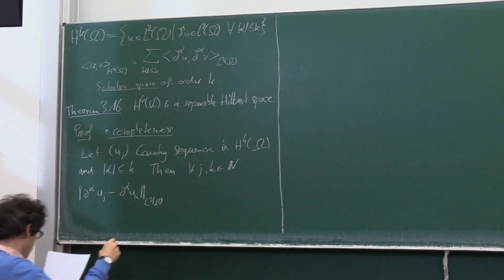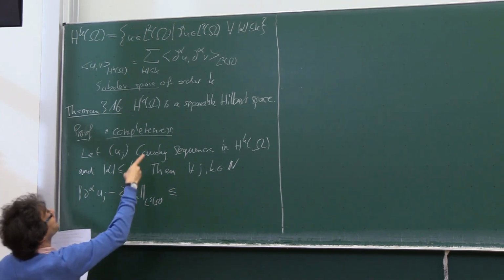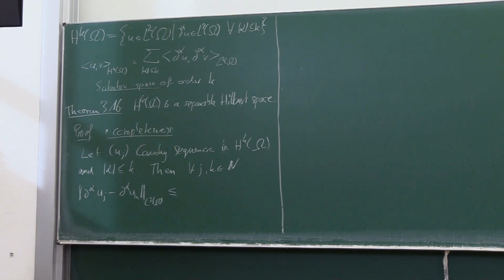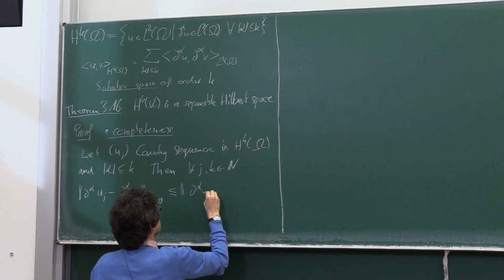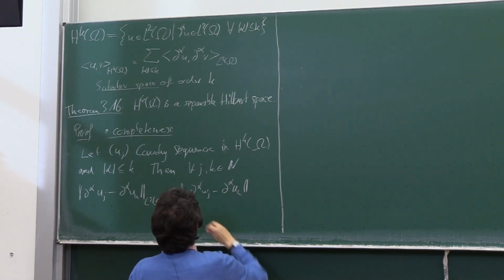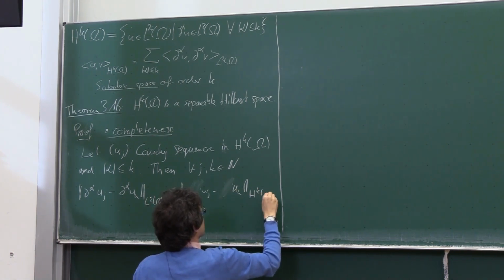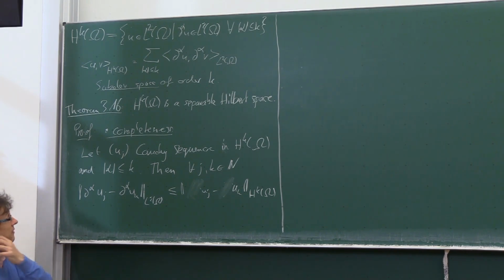But what is even more important, this term here is one of the summands in the corresponding H^k norm. So the H^k norm of u_j minus u_k is bigger than this difference. So this is bounded from above by the H^k norm of u_j minus u_k, because this is one of the addends you have there.